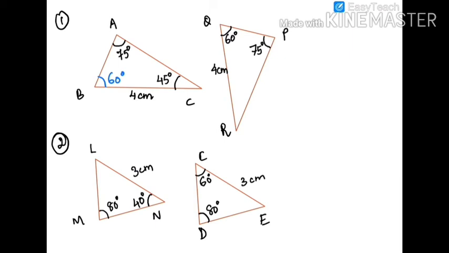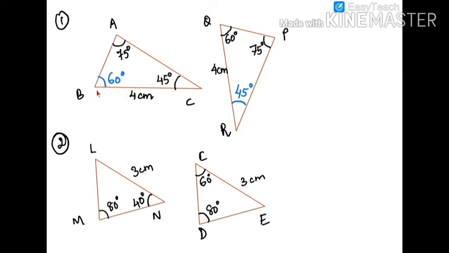Similarly, we can find the third angle in the second triangle and it comes out to be 45 degrees. So now we can see that all the corresponding angles of these two triangles are equal. However, having all angles equal in two triangles does not guarantee that they are congruent.